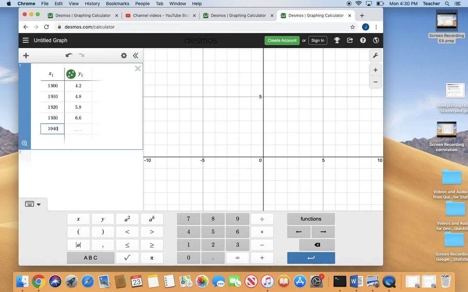But the one thing I'm going to go back and do before I do this problem is fix my years.